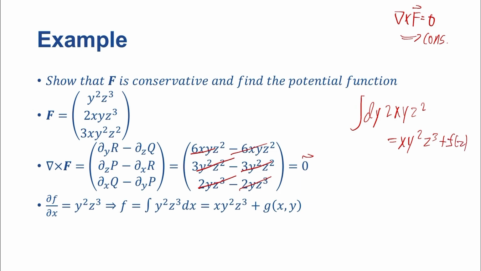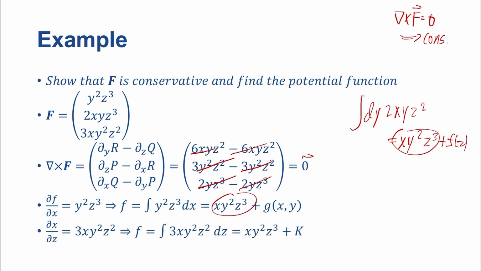And of course, this is already identically equal to this, so we don't even need to bother with the y part. We just need to look at the z part. And it turns out that when we integrate the z part, we also get something that's identically what we got for the x part. So it turns out that if we do take the gradient of this, up to some arbitrary constant, we will get our vector field. So we have found the potential function.